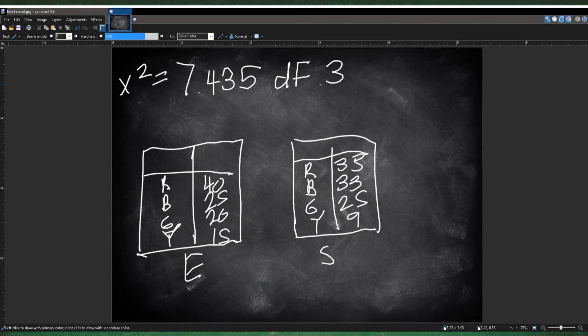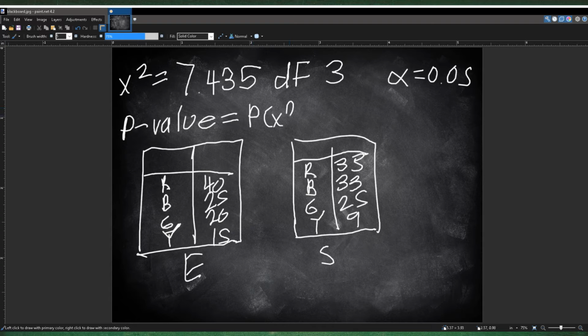Right? So now you have to use the alpha level of 0.05. And then you have a p-value, which is the probability that x squared with the degree of freedom of 3 is greater than or equal to 7.435. And you gotta use your calculator for this.